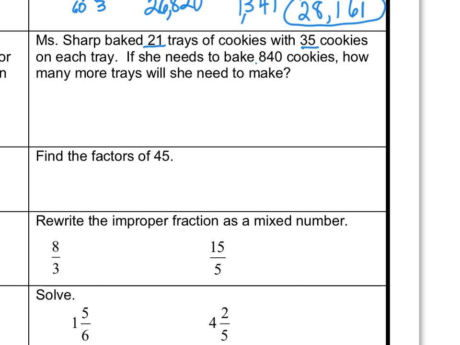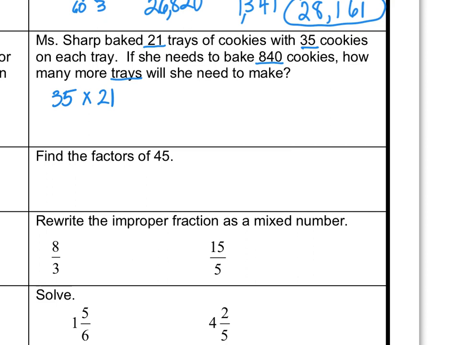If she needs to bake 840 cookies, how many more trays will she need to make? So first, let's see how much she really has. Let's take the 35 times 21.